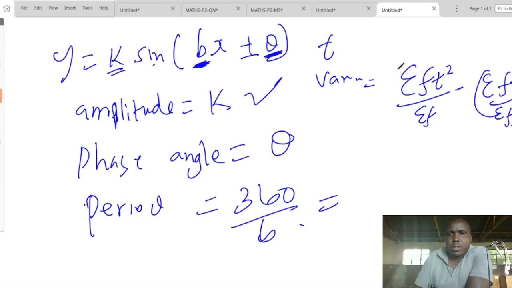This one will give you the variance. So if you are looking for standard deviation, you are going to get the square root of this. Standard deviation is the square root of variance.